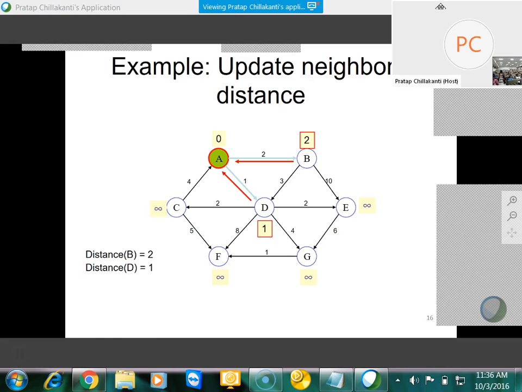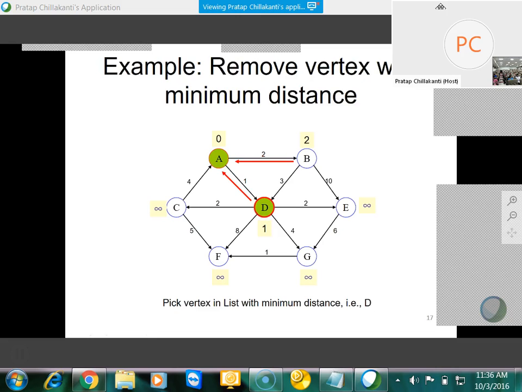So A to C is not a neighbor, even though visually it looks like one, especially if you remove the direction. But since we have to use the direction, the two neighbors of A are B and D, and you put the distances there. Now let's see what happens in the next slide.